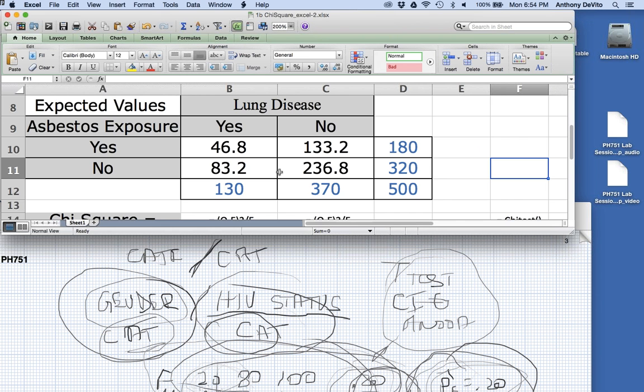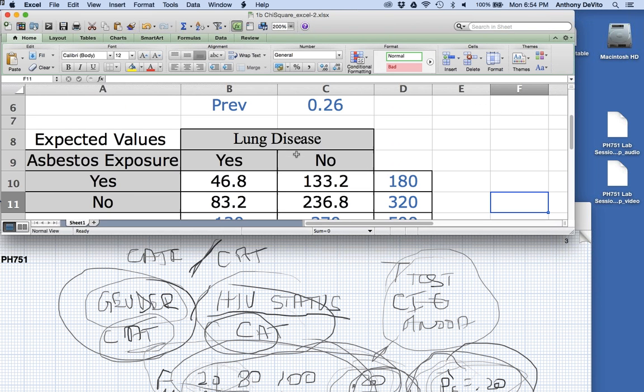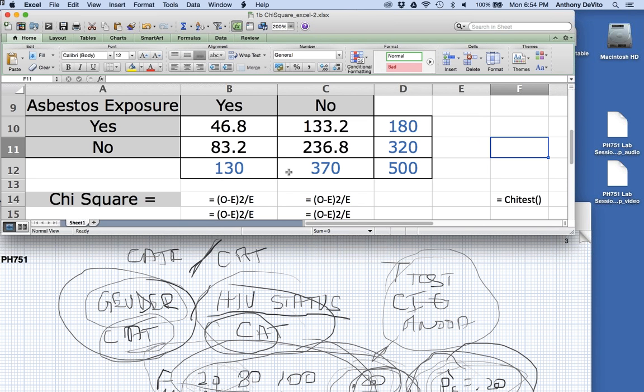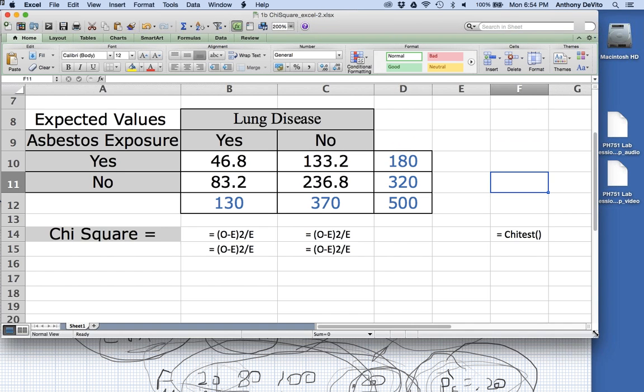What we're interested in is understanding how big the differences have to be between the observed table and the expected table for us to say with 95% certainty that the differences are not due to chance. In other words, reject our null hypothesis that there's no association between asbestos exposure and lung disease. Okay, so now let's invent a statistic to do this.